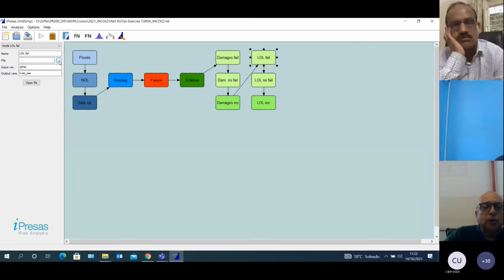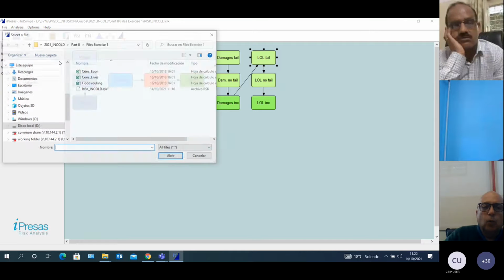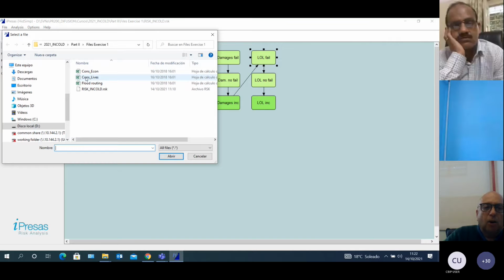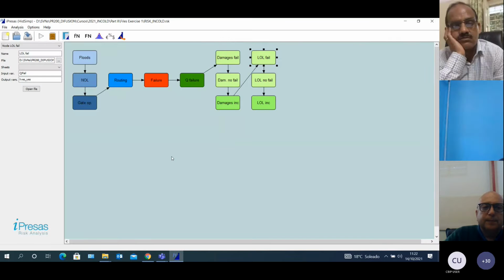Then, following the same logic, we open Hans lives and the sheet lives fail current. Remember that with lives, whenever you are doing the action yourself, you will have to select different values because the warning time changes the results.